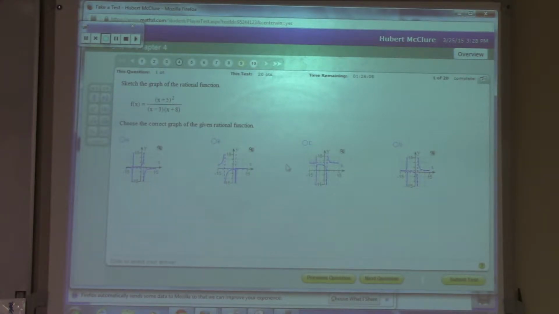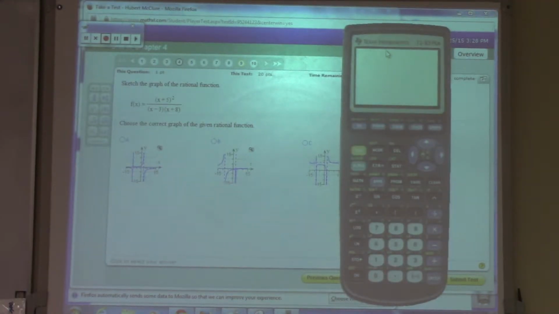Now, if you want to, you can graph this on your graphing calculator. It'll take you a minute or two, but go ahead. That'd probably be the best thing to do anyways. Take your handy dandy calculator. And y, now you gotta know how to type it in.